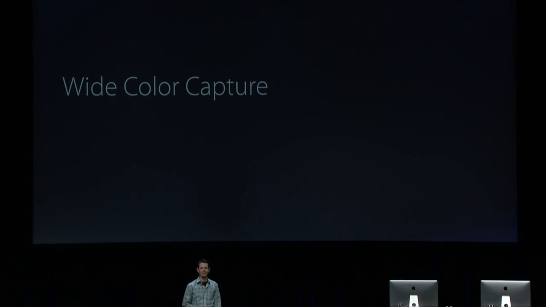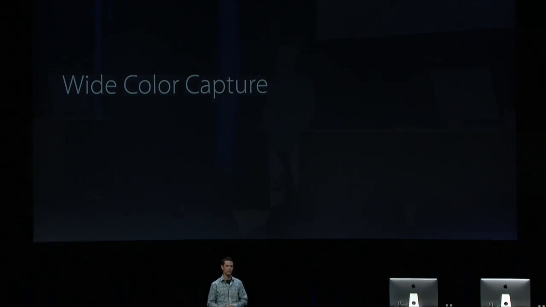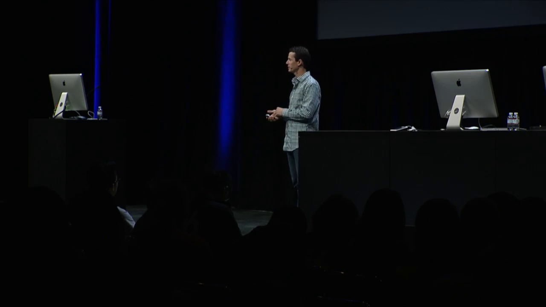All right, on to the last topic of the day, which is wide color. And as you might suspect, it's a wide topic. You've no doubt heard about the beautiful new True Tone display on our iPad Pro 9.7-inch. It's a wide gamut display, and it's on par with the 4K and 5K iMacs.